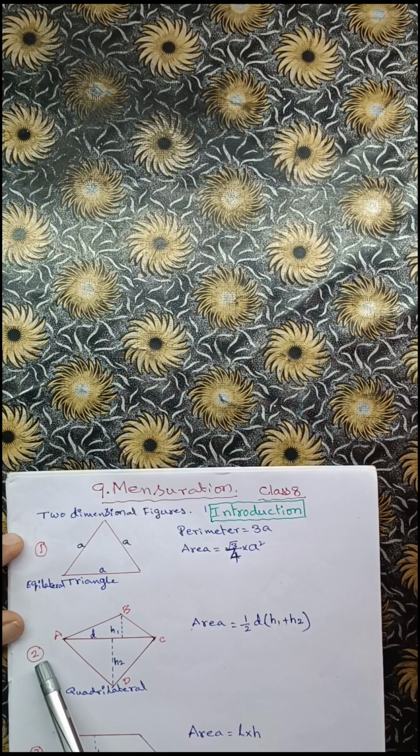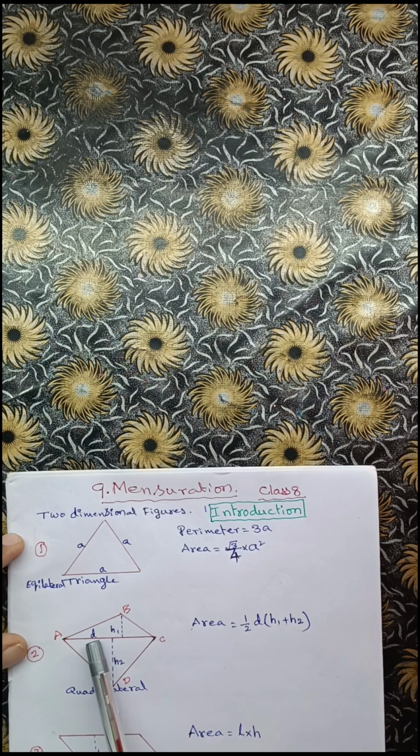The second figure is quadrilateral. In this quadrilateral ABCD, AC is a diagonal and H1, H2 are heights of this quadrilateral.